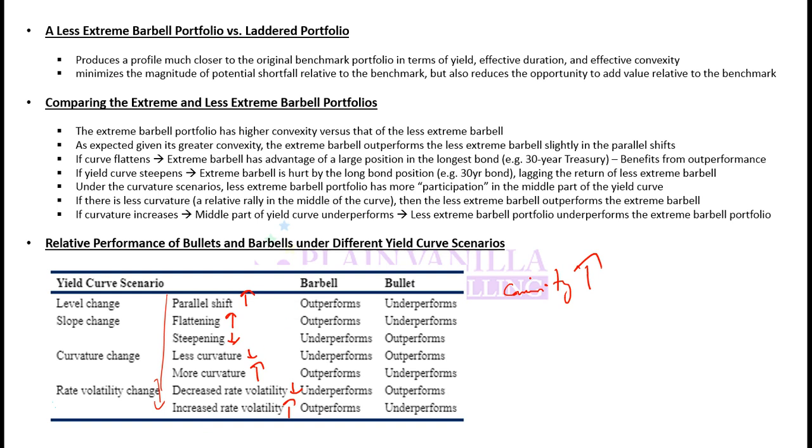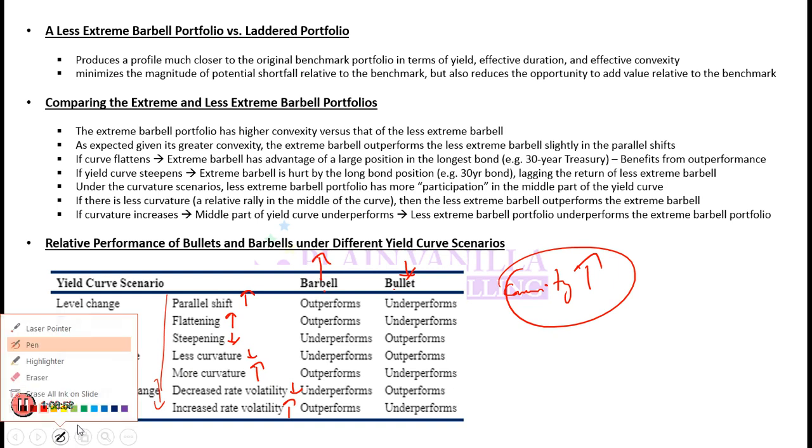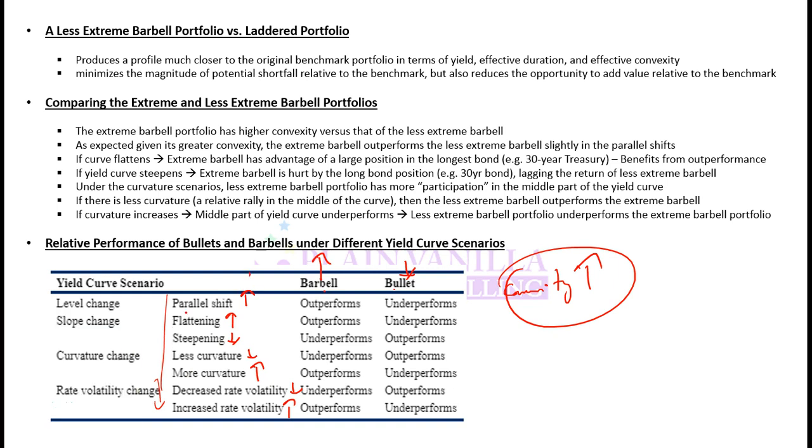And you also know that convexity for a barbell is higher and convexity for a bullet is lower, so you should be able to analyze the impact on barbell and bullet portfolios in all of these scenarios. It looks very difficult to remember, but I don't think there is anything that you need to remember. If you conceptually know it, you should be able to find it out easily.